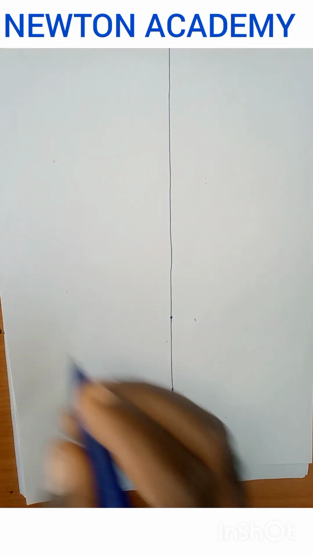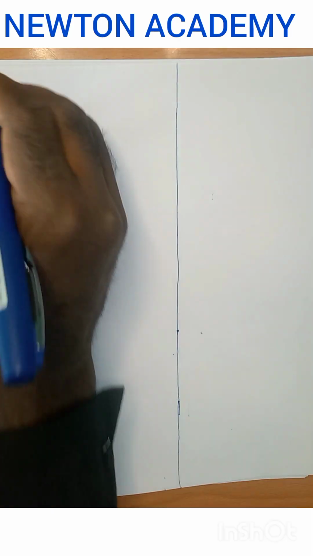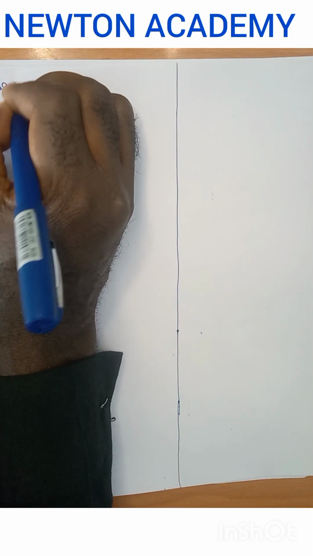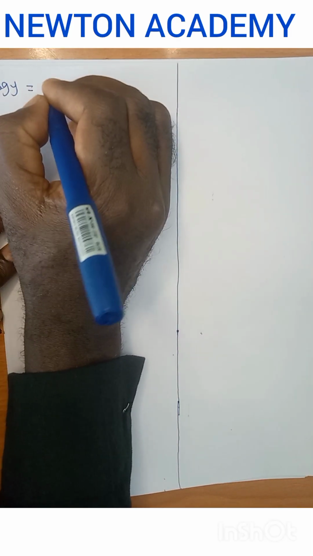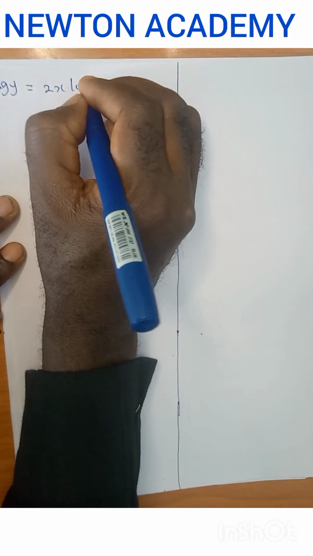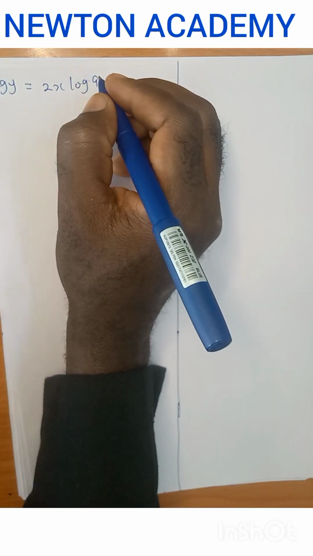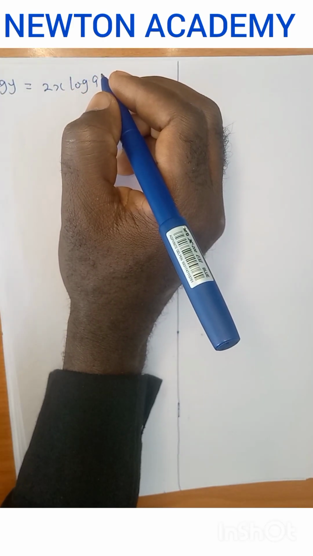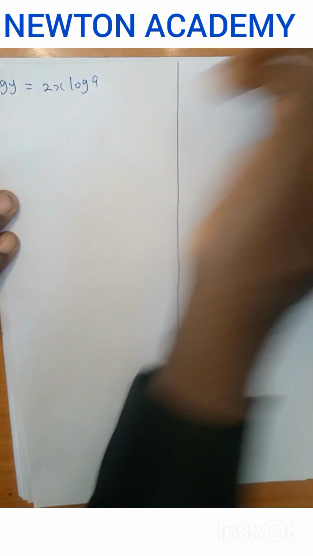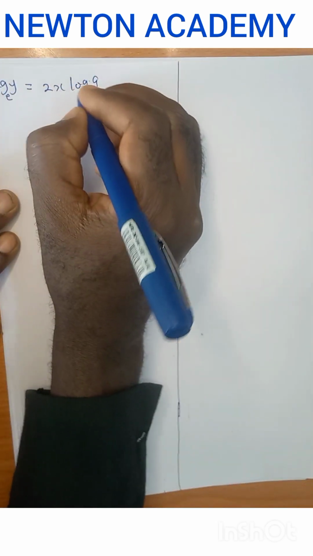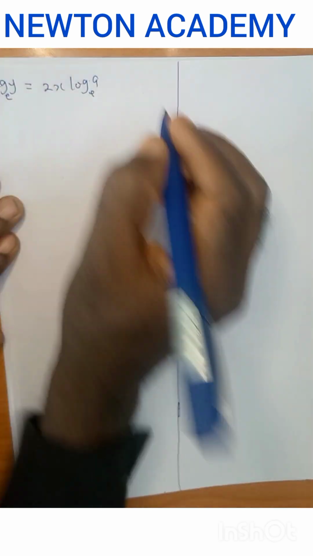Now, let us continue this in the next page. You have log y is equal to 2x log a. Now, on which base? Base e. Now, let us differentiate.